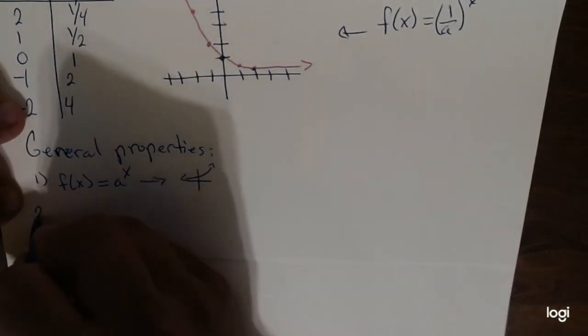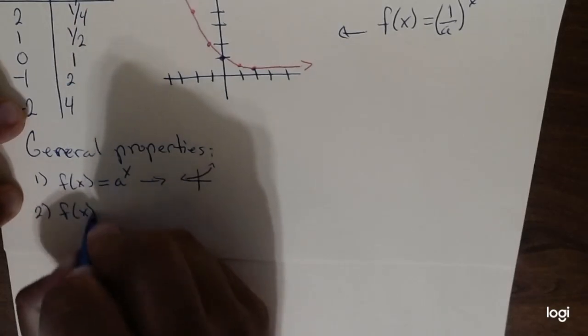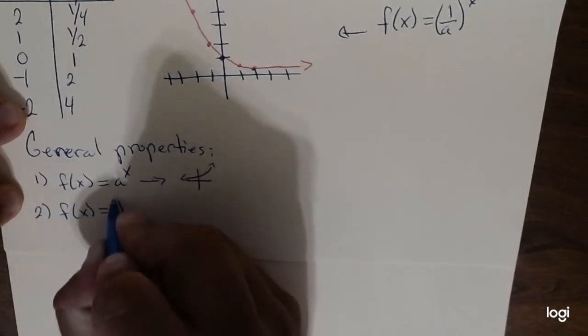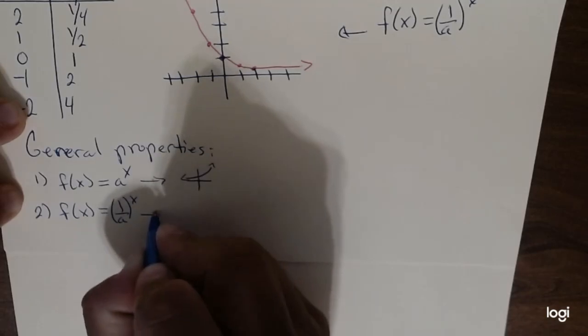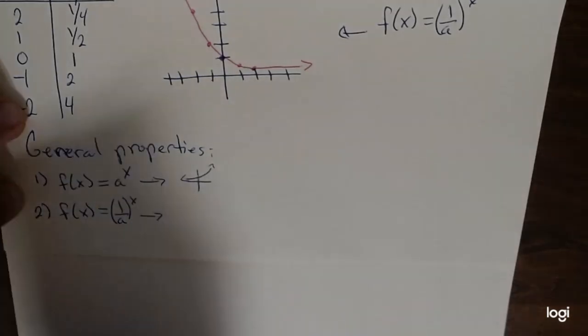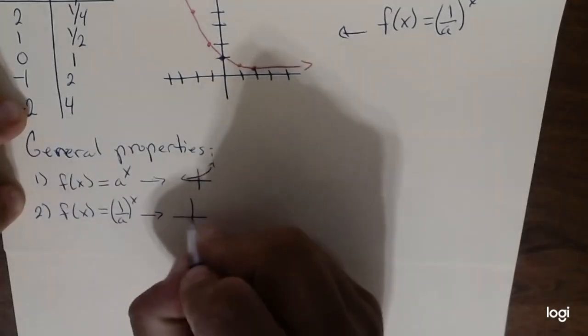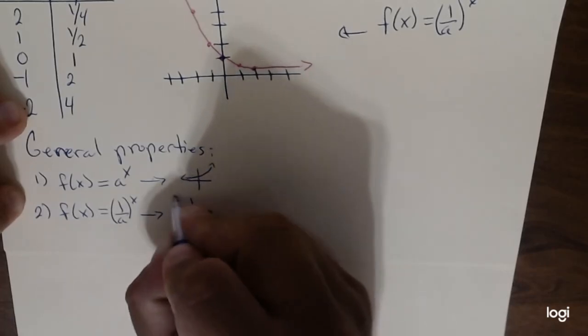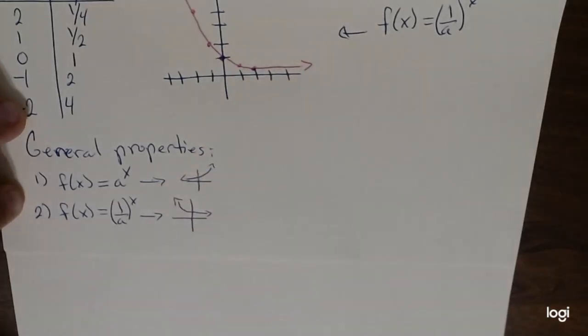And if the graph is a fraction, then it's going to go in the opposite direction. Just a quick little summary, right? Goes in the opposite direction.